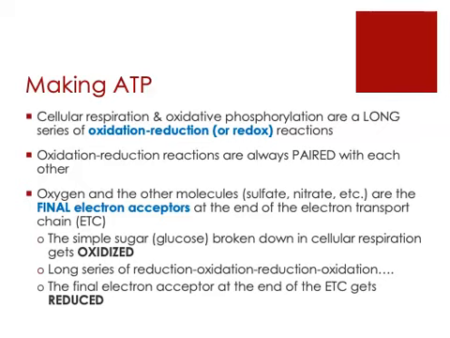We start by breaking that first covalent bond in the glucose. That's an oxidation. And we're going to finish way at the end when oxygen, as the final electron acceptor, receives electrons and becomes reduced.